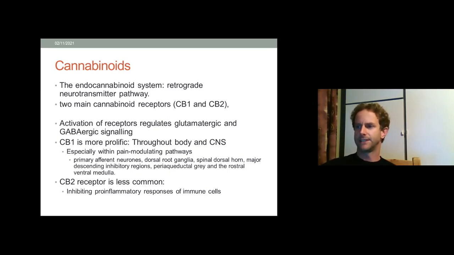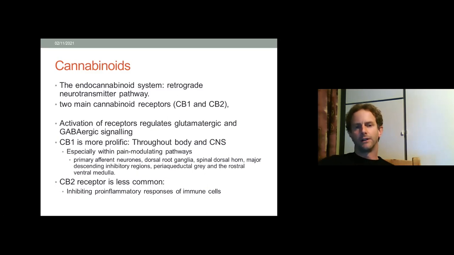As I said, there's two main receptors, CB1 and CB2, and they regulate glutamatergic and GABA signaling pathways. CB1 is the more important one, and that's found throughout the body and the CNS, and is especially closely linked with pain modulating pathways throughout, really. So that's primary afferent neurons, dorsal horn, descending inhibitory regions, periaqueductal gray, whereas the CB2 receptor is far less common, is thought to be more associated with the immune response.